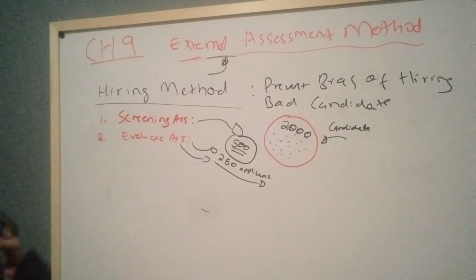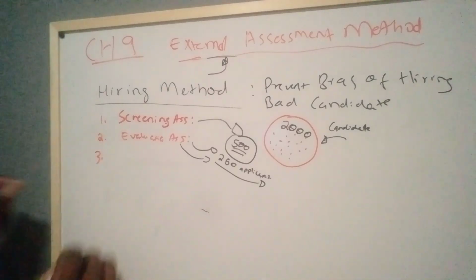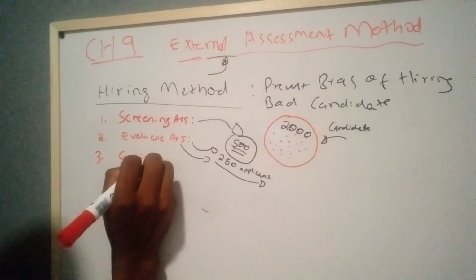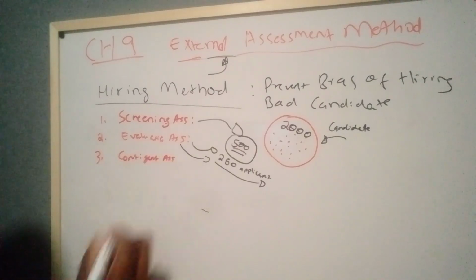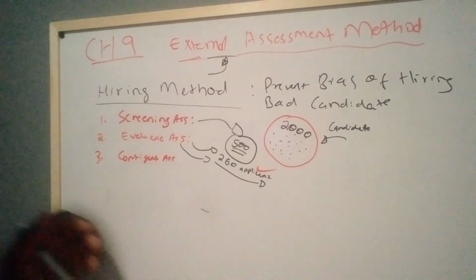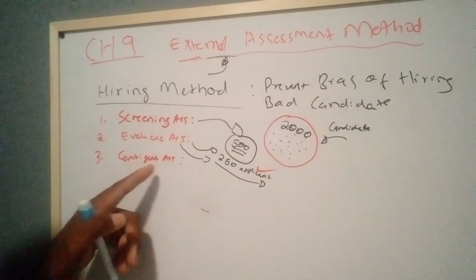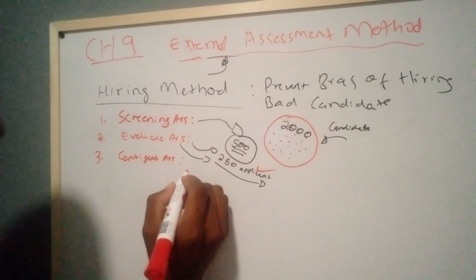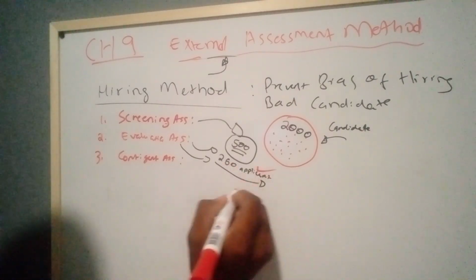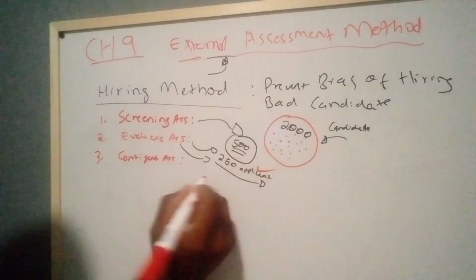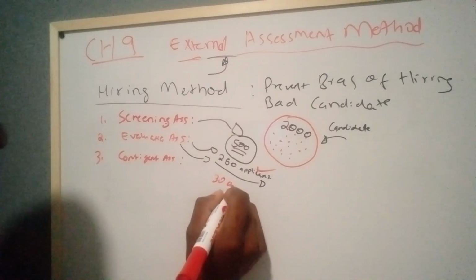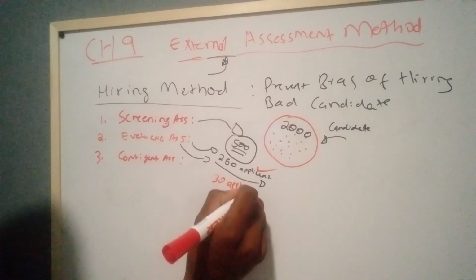And then number 3, contingent assessment. That means they've done the interview, right? Contingent is saying now we are assessing the individual. Now we've assessed these people, and then we recruit them, and let's say we hire 30 out of 250, those 30 best applicants.